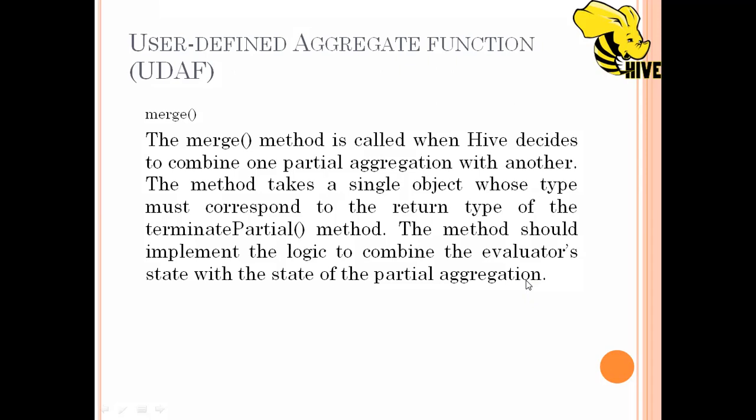For example, if you terminate another time, if there are two terminations, again we need to combine both results. Terminate one and terminate two, how do we combine them? That is simply adding the two different terminations.